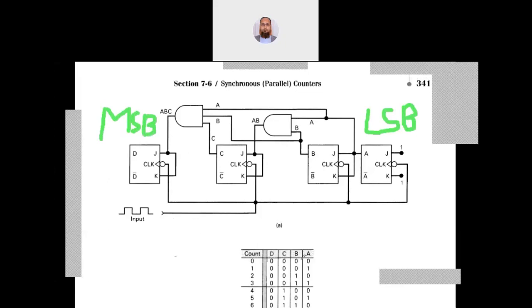So what happens when the clock comes? Here we don't have a waveform. We can draw it, but it may not be that good.